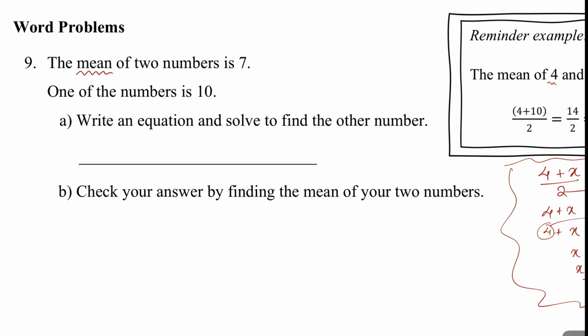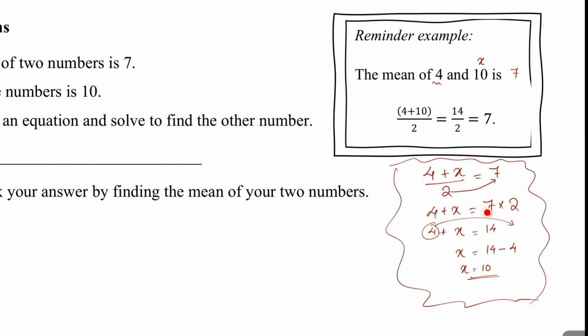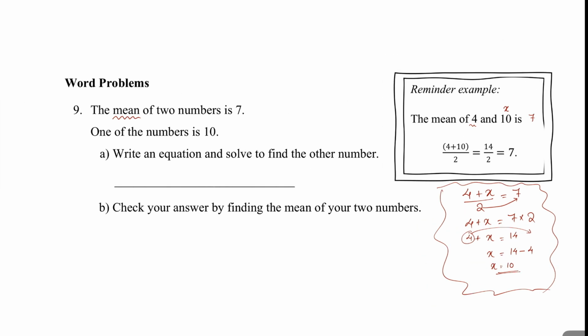So you can write down this equation like 4 plus x equals 7 times 2. I'm discussing a different example, but your answer will be similar to this example, so you can refer to this one.